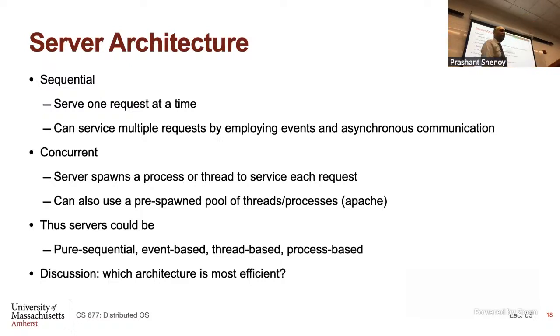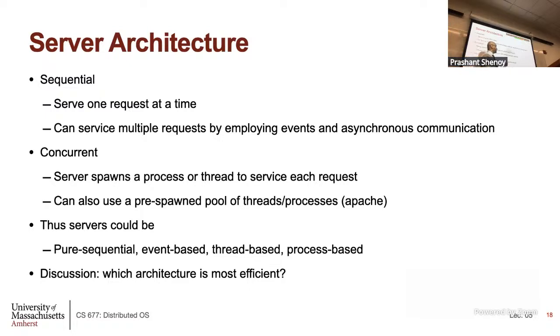Okay, yes, the question is even within a multi-process system, can you have multiple threads? You can actually have the hybrid between thread and process-based. The Apache web server actually does that too. You can have multi-process and multiple threads, but typically if you have an event loop, you have to really think about what do those threads within a process do.